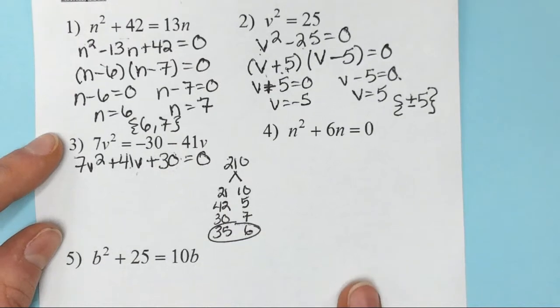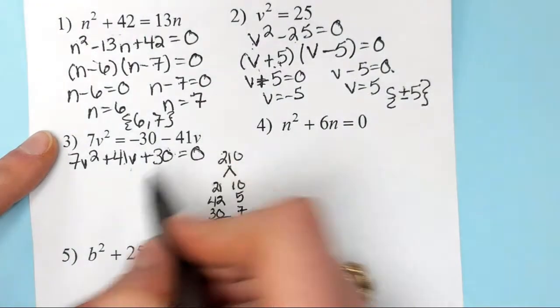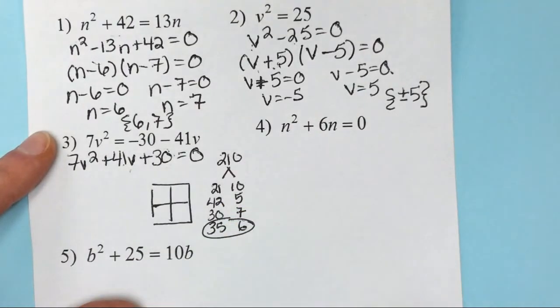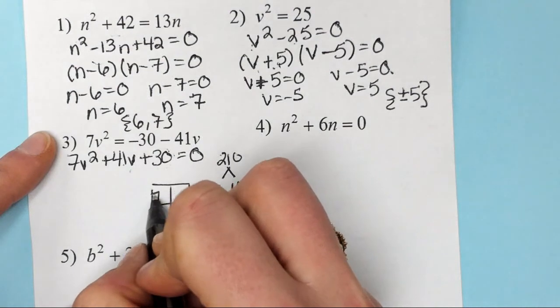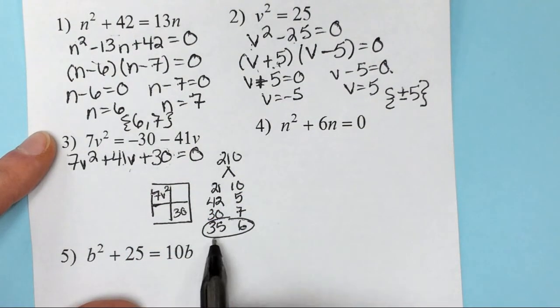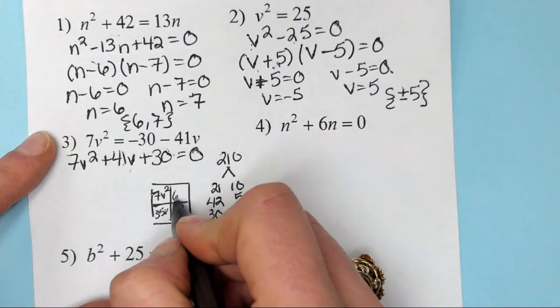All right, so I'm going to go ahead and put this into my grid here. So if I put 7v squared and 30, and I know I need a 35v, and I need a 6v.